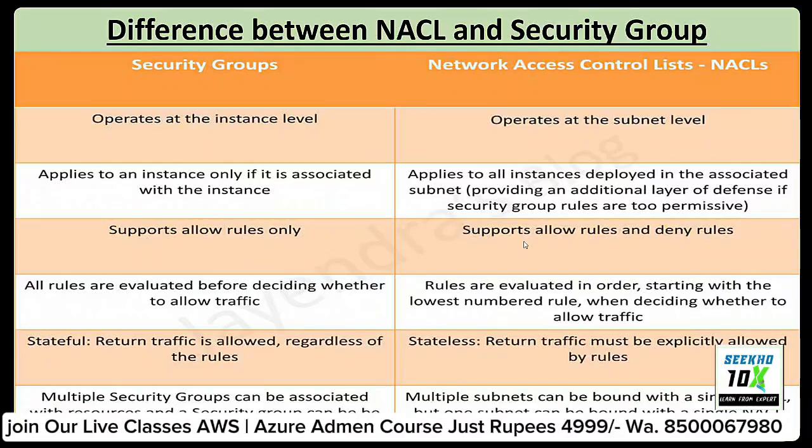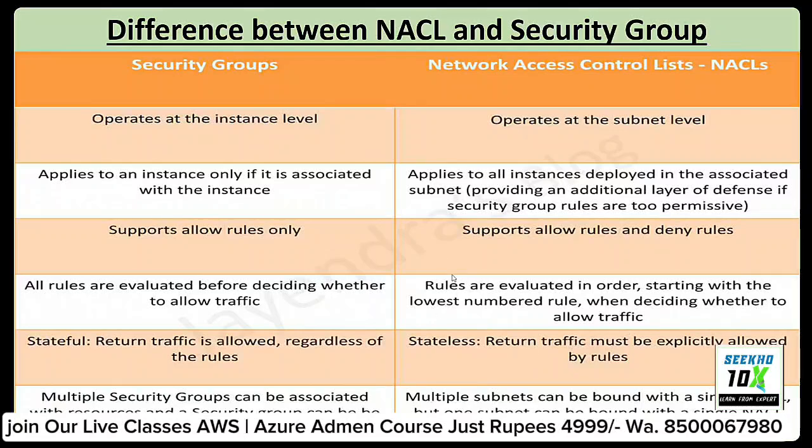But NACL supports both allow rules and deny rules. For a security group, all rules are evaluated before deciding whether to allow the traffic. For a NACL, rules are evaluated in order, starting with the lowest number rule, when deciding whether to allow the traffic or not.